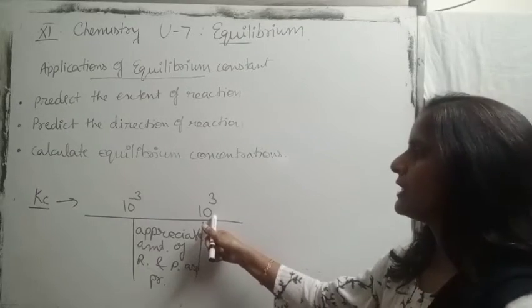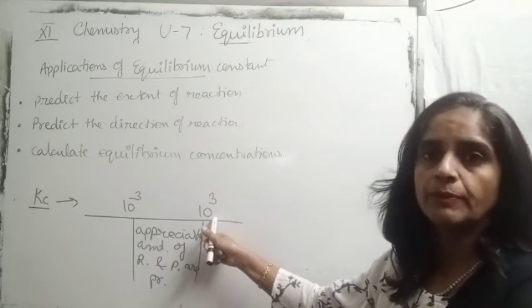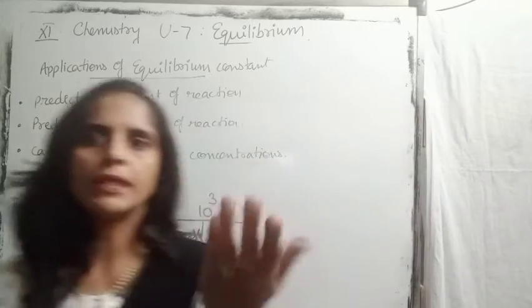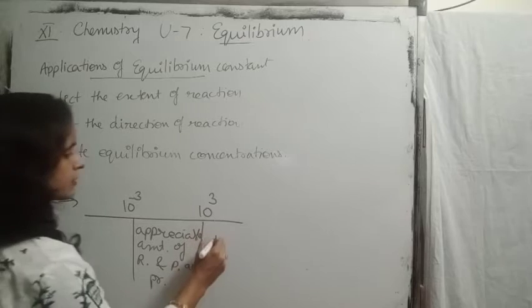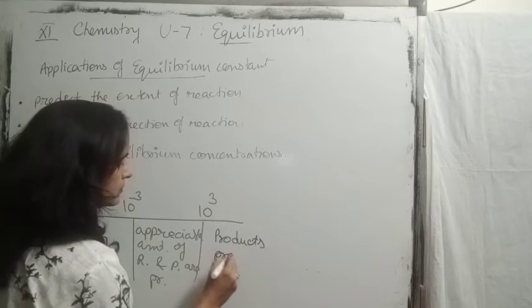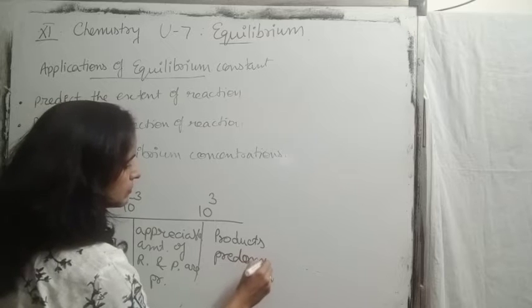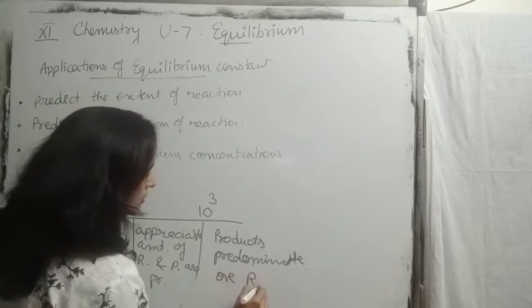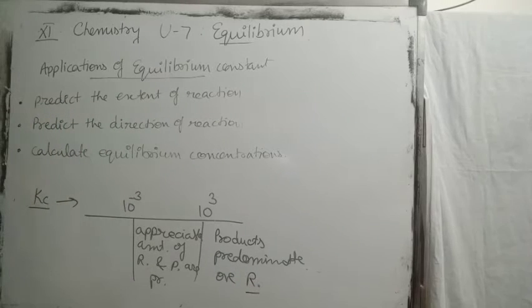If the value of Kc is more than 10 to the power 3, products predominate over reactants.